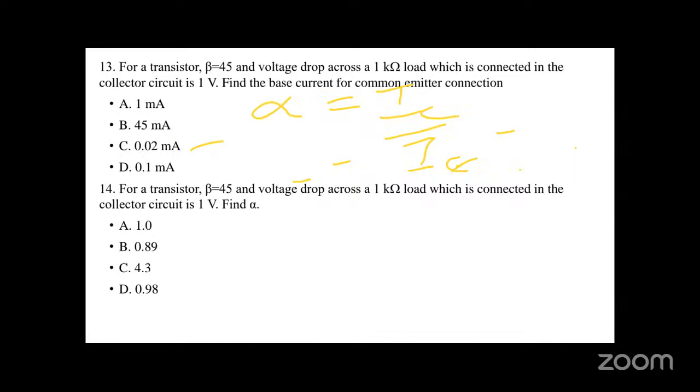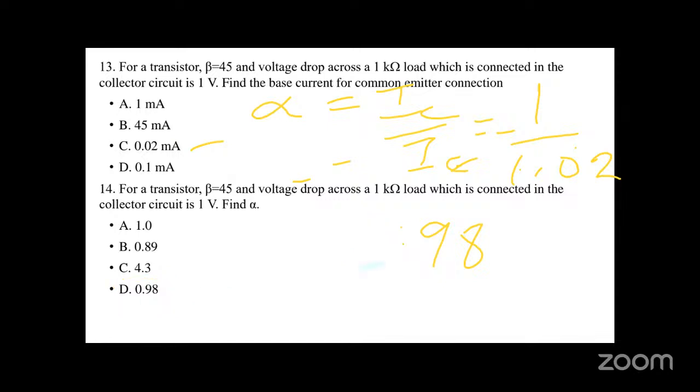So alpha will be IC over IE. That will give us very close to 1. So our answer is 0.98. No unit because it's current over current. So the answer is D.